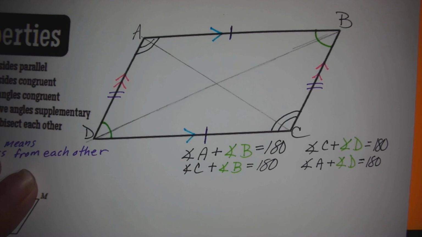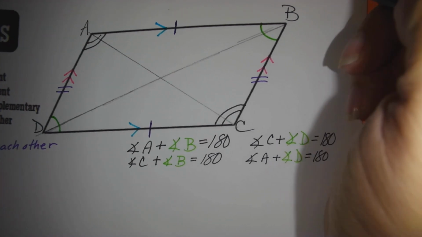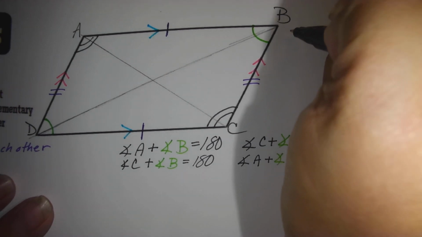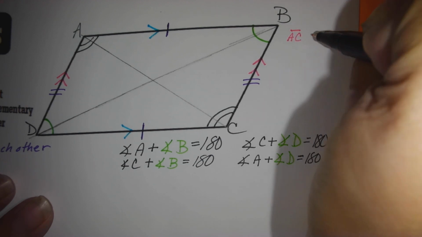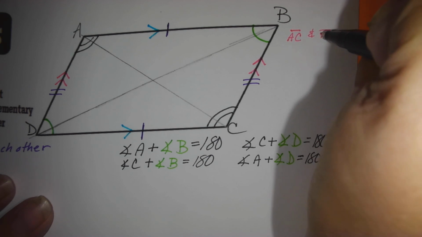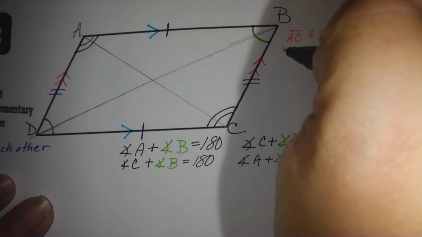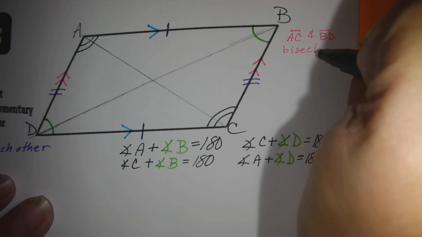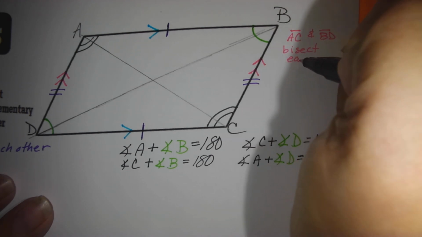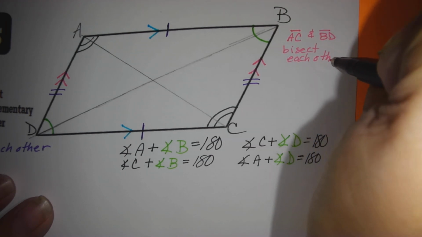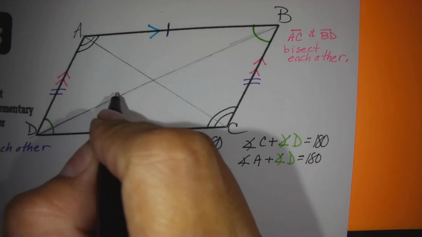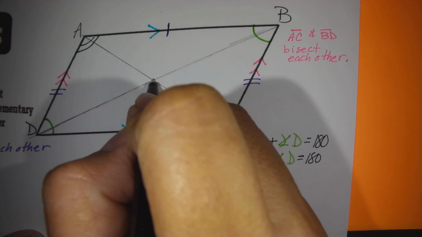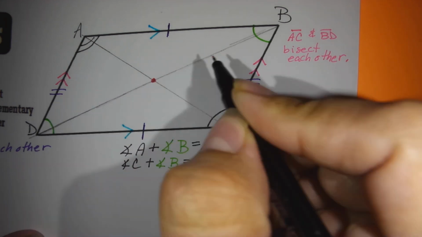So we can say that segment AC and segment BD bisect each other, which means they're going to intersect right here.